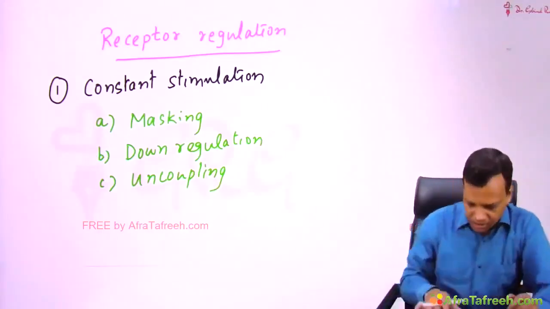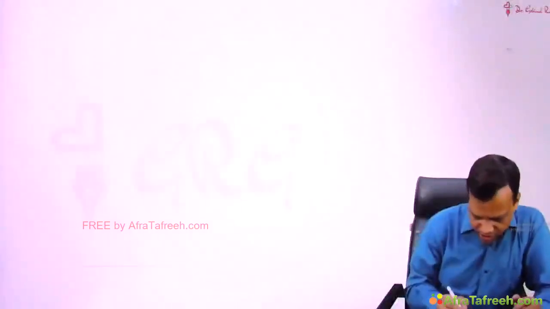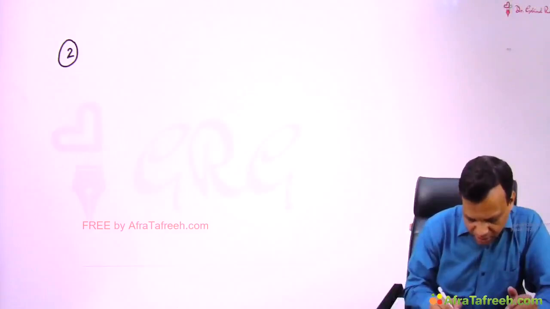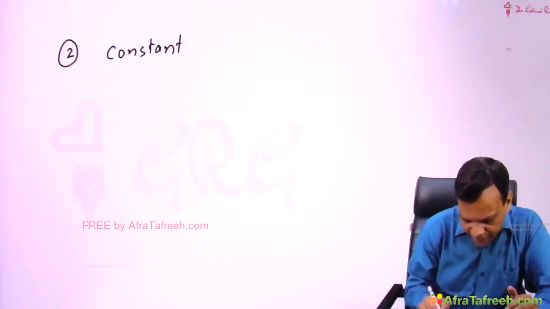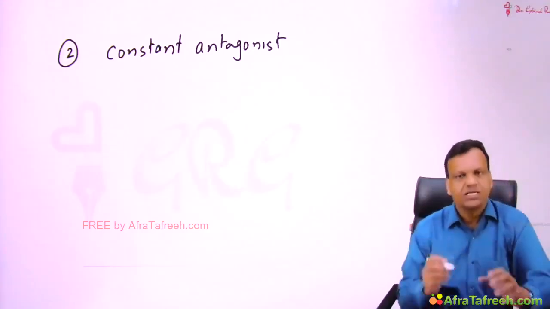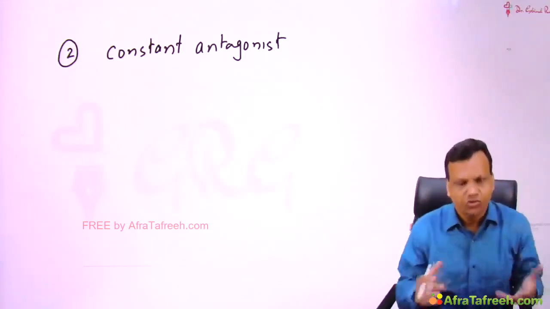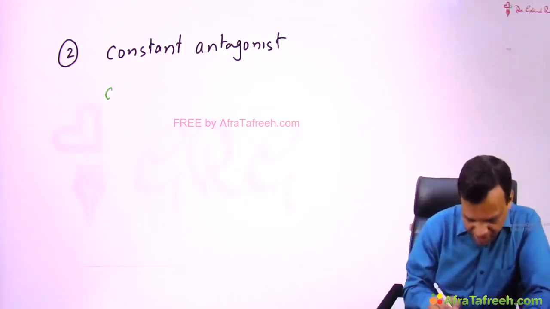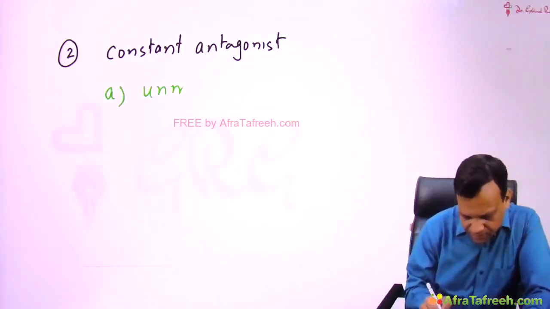Clear? Similarly, if we constantly inhibit the receptor, or we can say constant presence of antagonist, or constant non-stimulation of receptors, it will do the opposite thing. So the same three things will be reversed. Instead of masking, there will be unmasking.